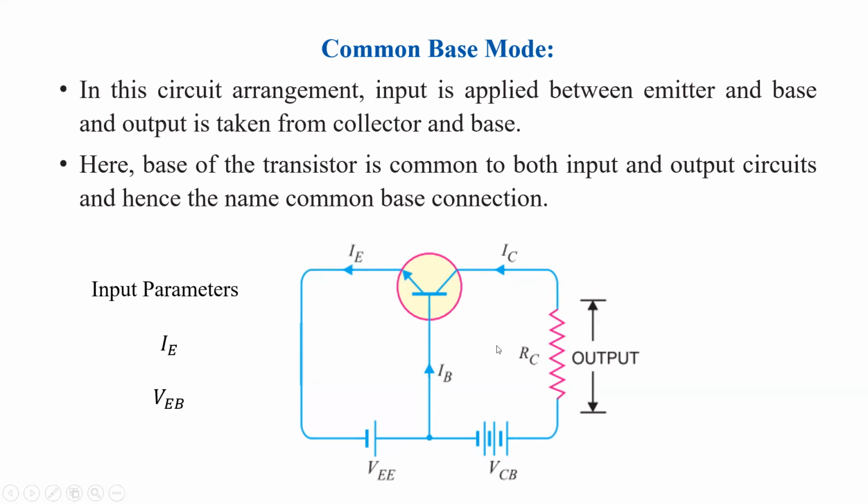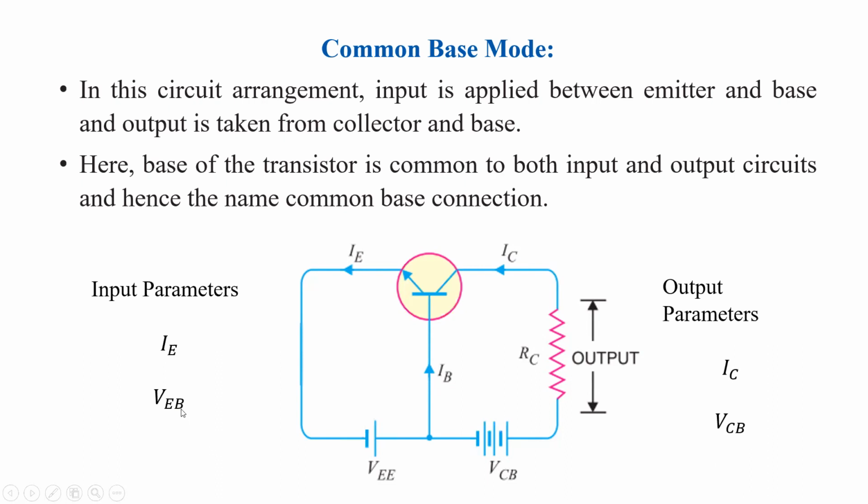In the output circuit, the current flowing is IC. So IC is the output current, and output is taken across the collector and base terminals. That's why the output voltage is VCB, the voltage between collector and base.